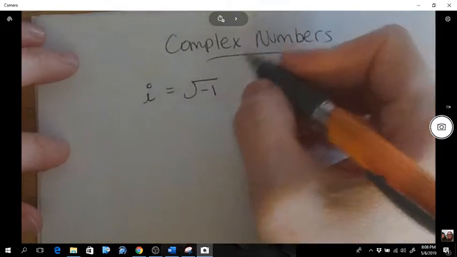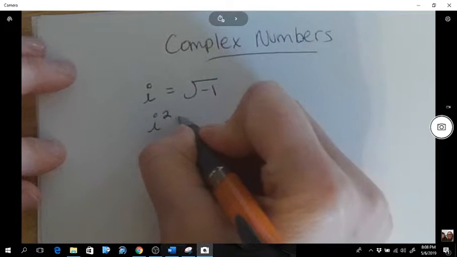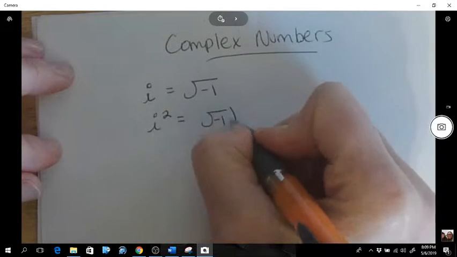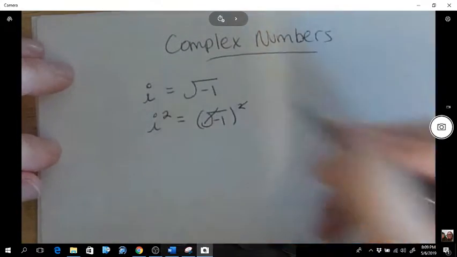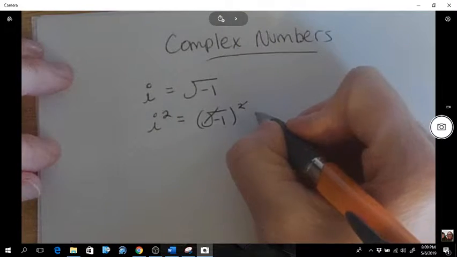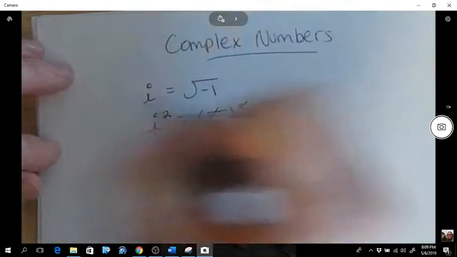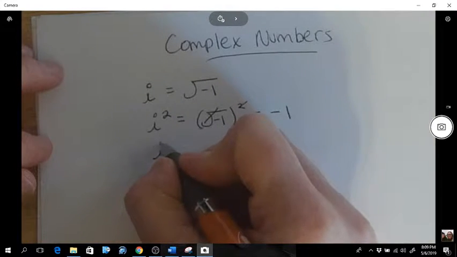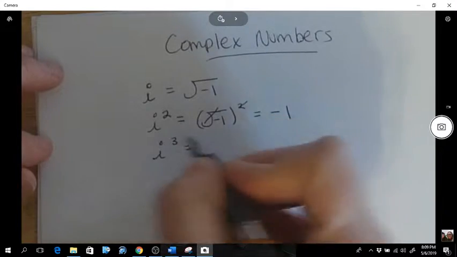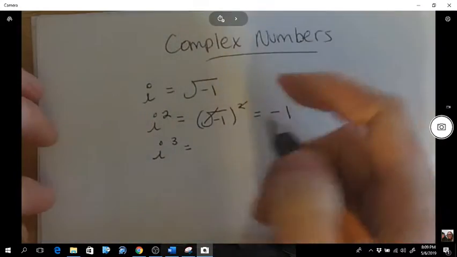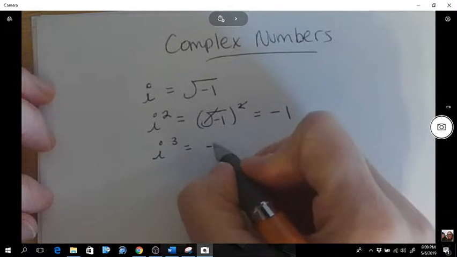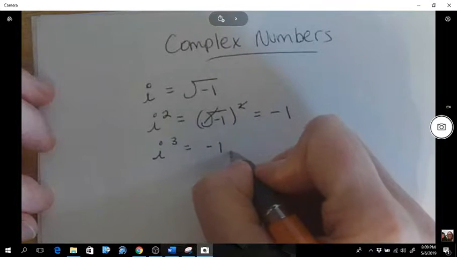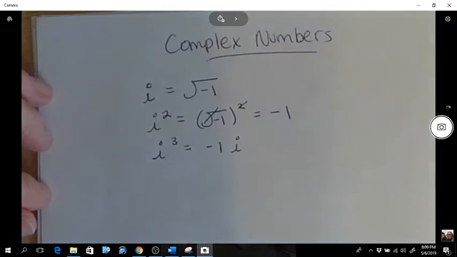Okay, so if I do i squared, do you understand that that would be the square root of -1 squared, which ends up canceling, and that ends up being -1. Or if I do i cubed, okay, that would be -1 because of the i squared times another i.